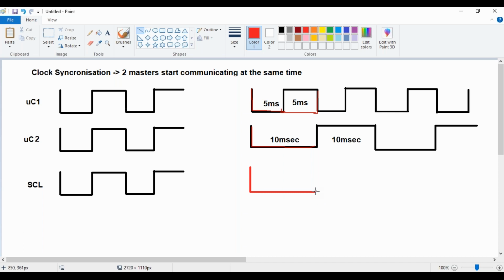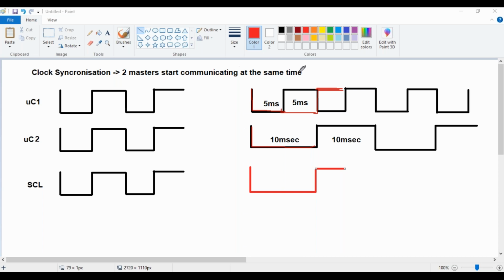Now after 10 milliseconds, microcontroller 2 pulls the line up. Now microcontroller 2 should transmit a 1. But microcontroller 1 is already hungry, so it is going to generate a high signal. Microcontroller 1 generates a high signal for 5 milliseconds.